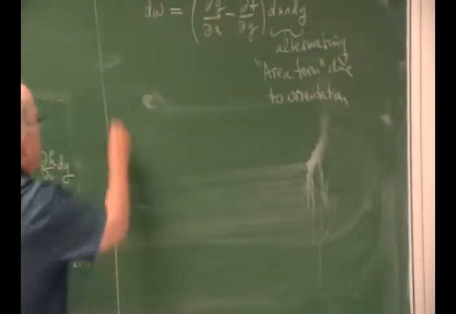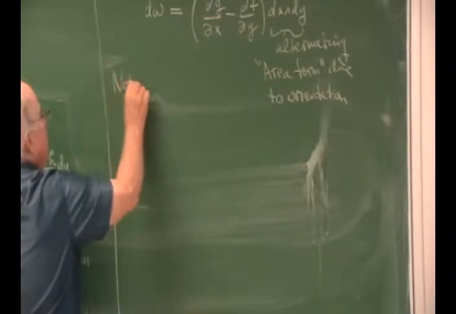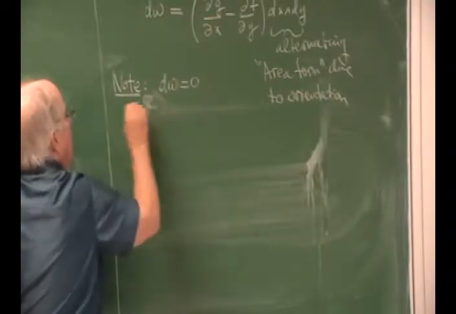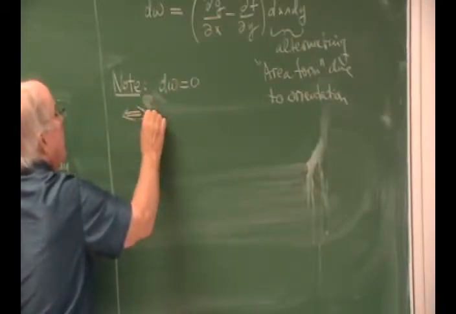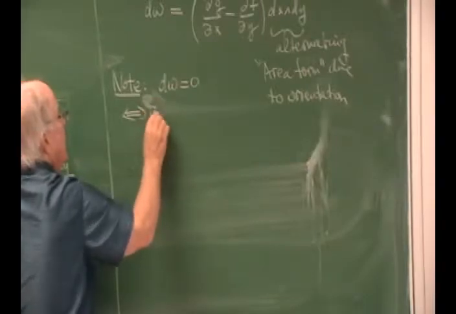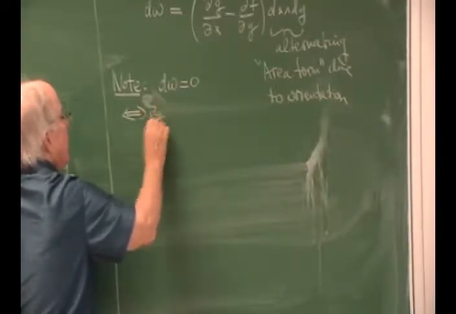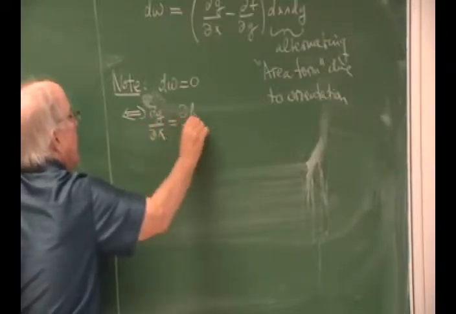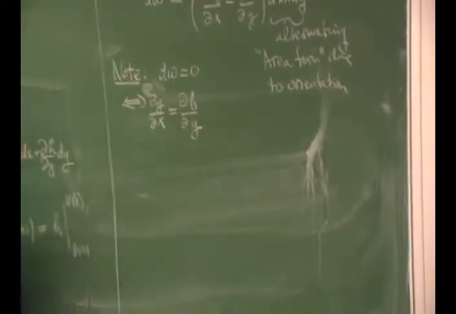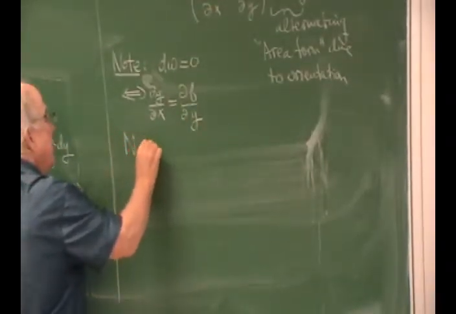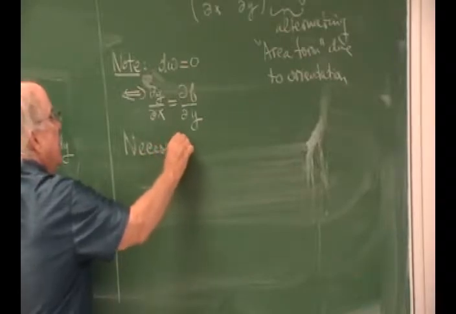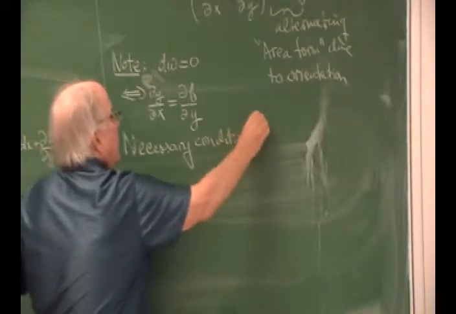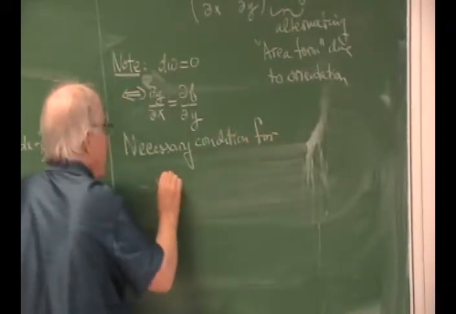And the thing to note here is always that d omega equals 0 really means that the partial of g with respect to x equals the partial of f with respect to y. And this is the necessary condition. I talked about this last time for omega equal dh.